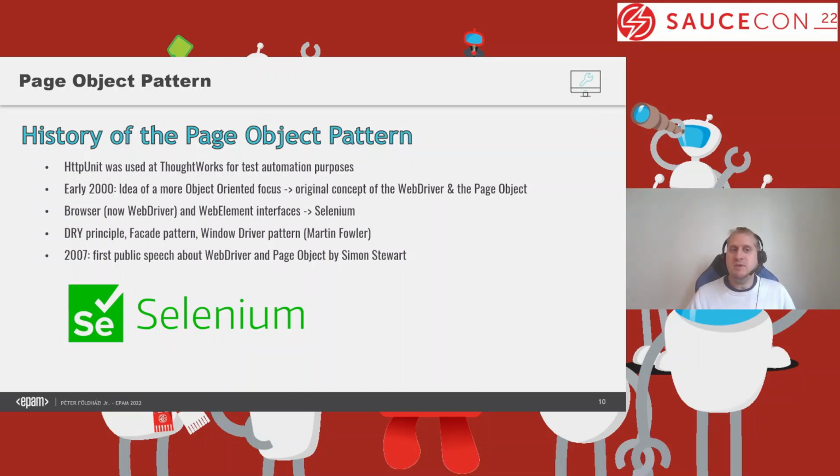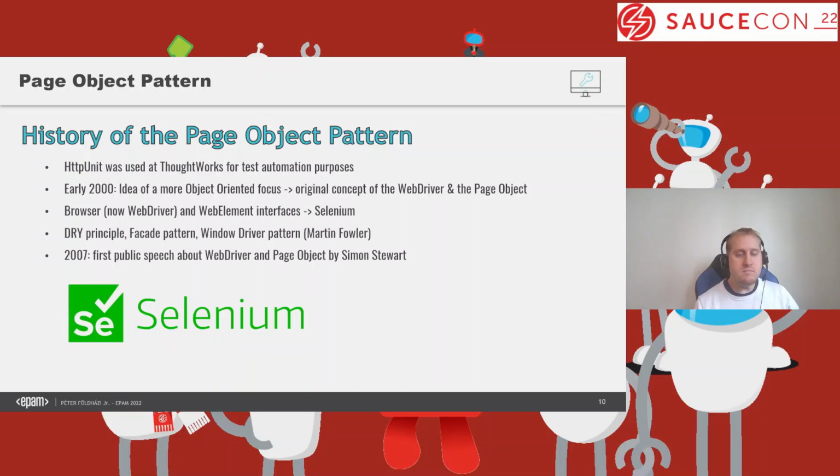So at one time he was working at ThoughtWorks, which some of you might be familiar with because of Martin Fowler, who works there and is one of the big brains over there. And actually Simon said that Martin definitely had a huge influence on the page object, on Selenium as well.